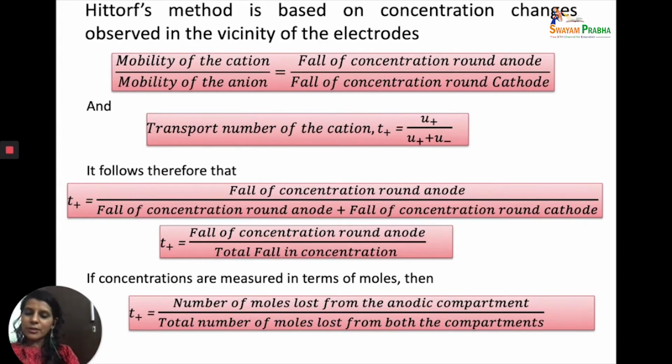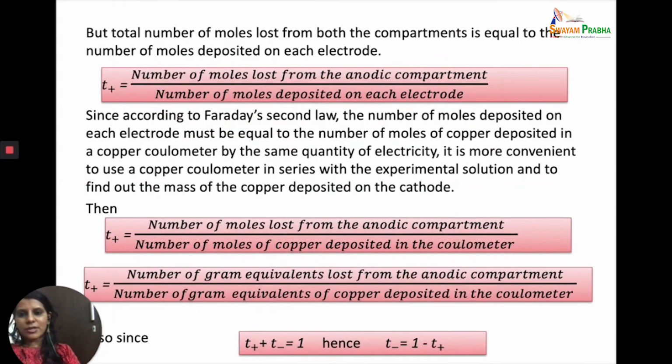So if I want to find out the transport number of the cation, I need to measure the concentration changes occurring in the anodic compartment. So fall of concentration around anode upon total fall in concentration will give me the transport number of the cation. Similarly, transport number of the anion will be equal to fall in concentration around cathode upon total fall in concentration.